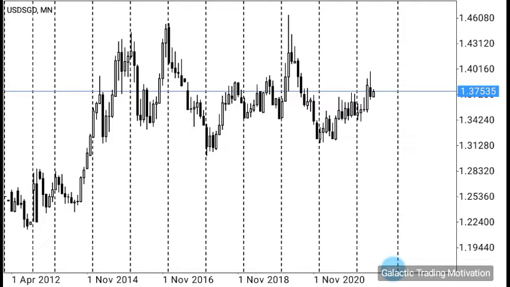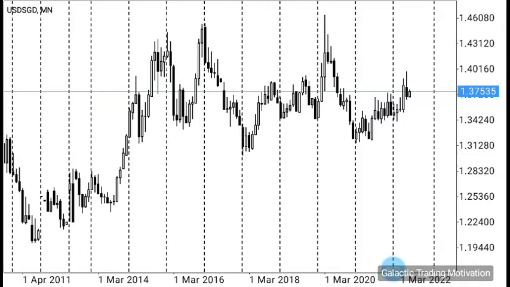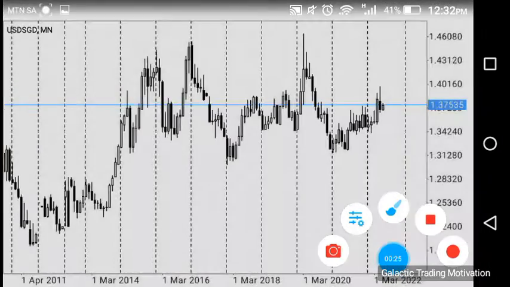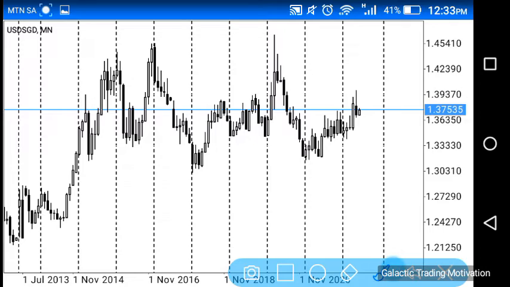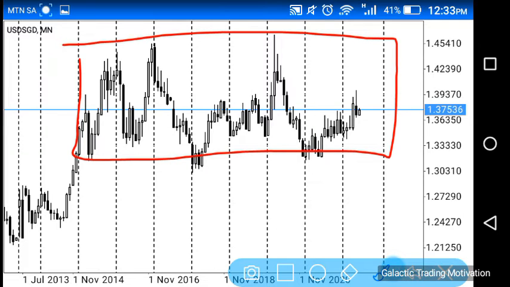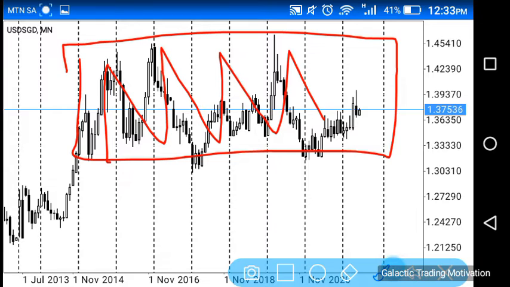Let us quickly have a look at USD SGD, which is the Singapore dollar. So, without any further ado, let us get straight into the chart. You guys can see that I've got the monthly chart open, and the first thing that I can already see is that we had this area over here where the market had been moving in a range for quite some time.